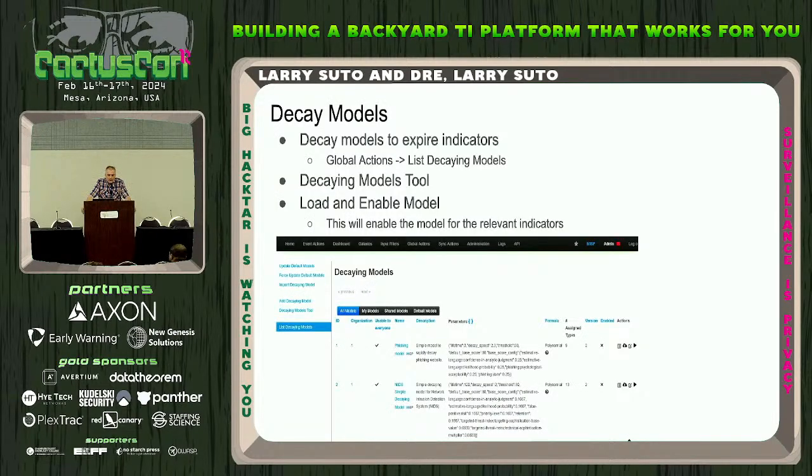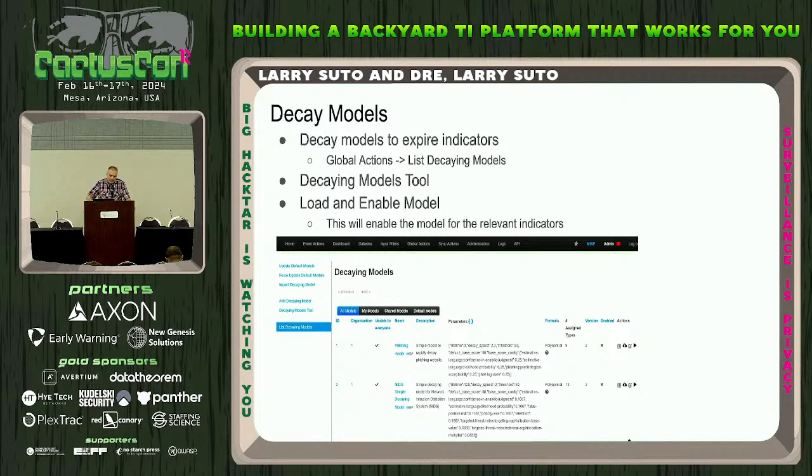And so another thing is you can add a decay model to the event, and decay models basically will expire the IOCs and the data in the event. There's like a phishing and a network model. There's a couple of decay models that are available natively, and you can just add those to the events that matter to you, and then eventually they will expire.